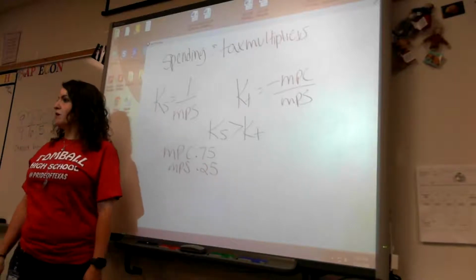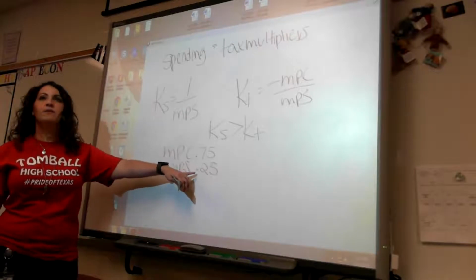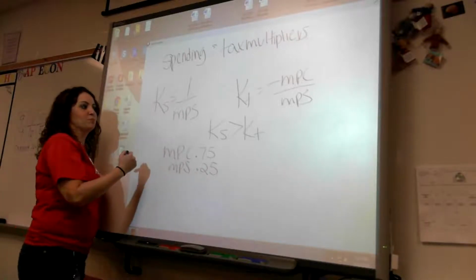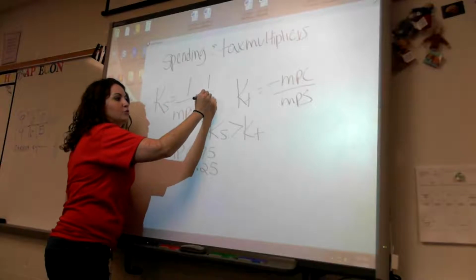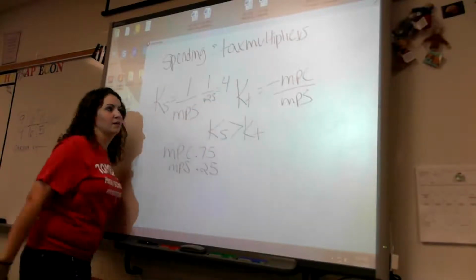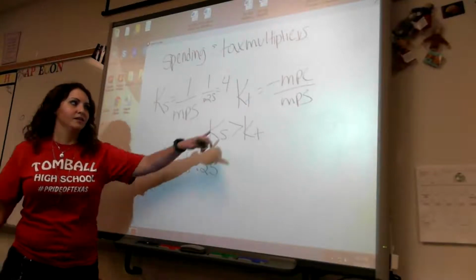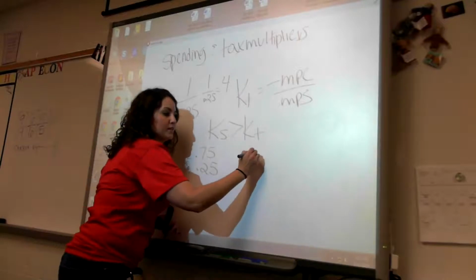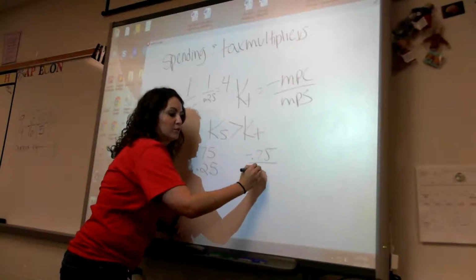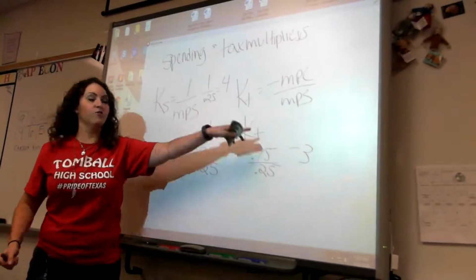Let's just figure out what the spending and tax multiplier would be. If MPS is 0.25, the spending multiplier is going to be 1 over 0.25, which is 4. And the tax multiplier is negative MPC, negative 0.75 divided by 0.25, which is negative 3, which is 1 less than 4 and negative.